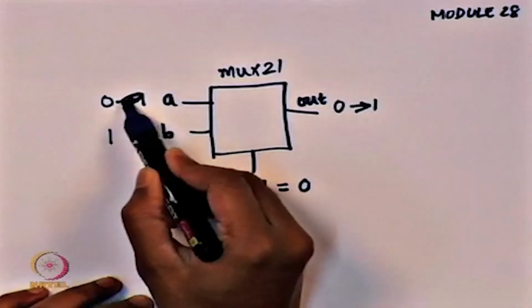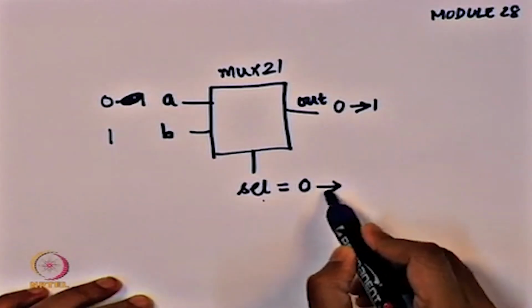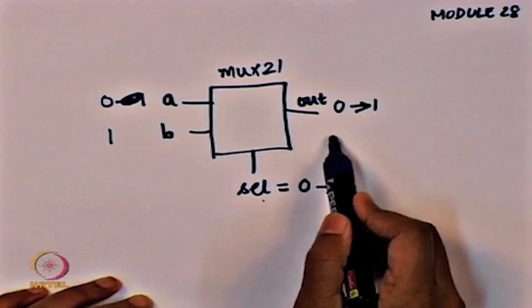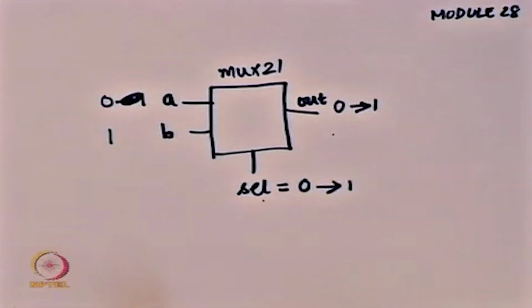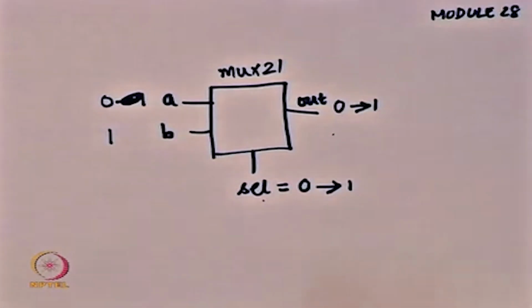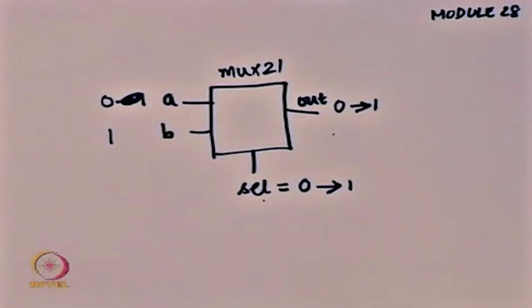Or let us say A and B were 0 and 1, and select goes from 0 to 1, in which case you want B to be selected, so again the output should go from 0 to 1. So there is no memory here. These inputs are staying as they are, and one or more inputs can change. You would want the output to react to that, and that is the definition of a combinational circuit.